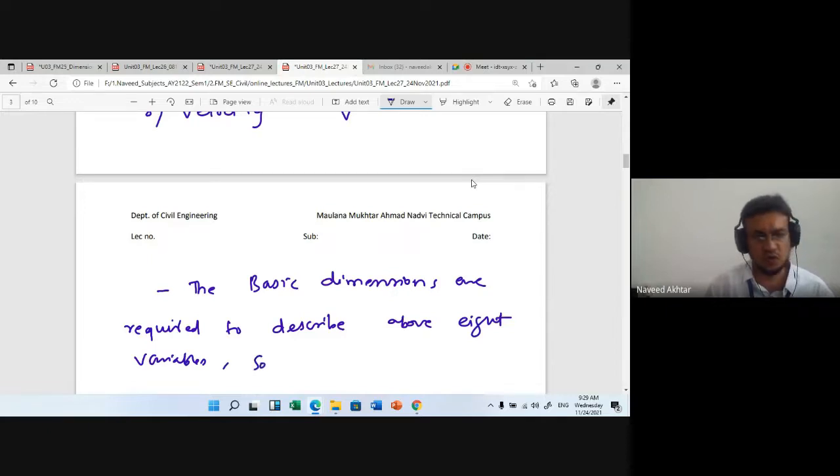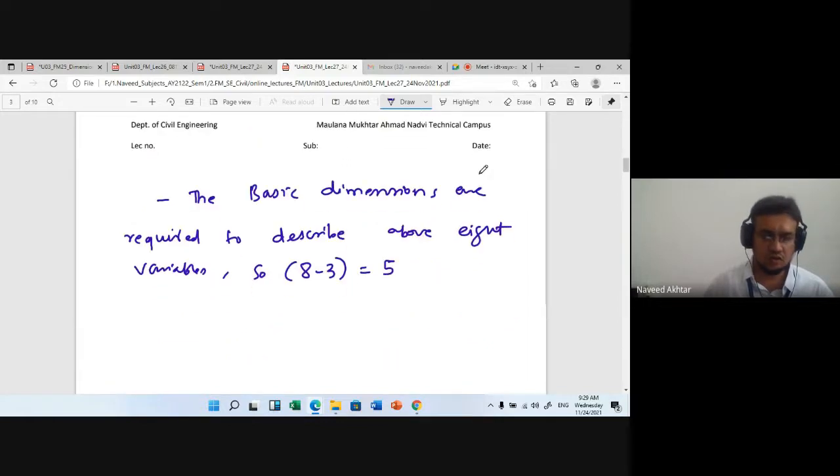So 8 minus 3 is equal to 5. So if you reckon, 5 independent dimensionless groups can be formed.